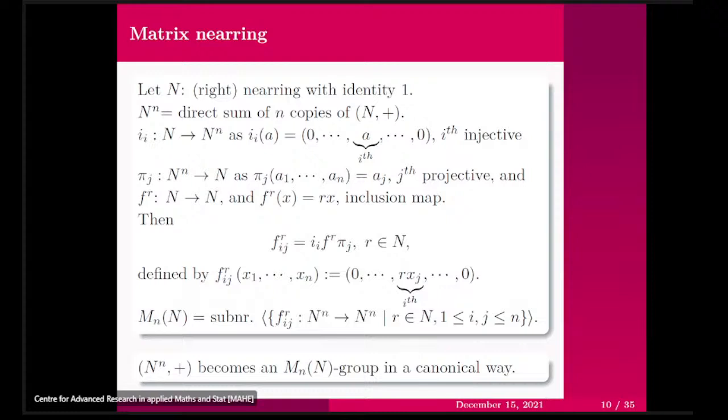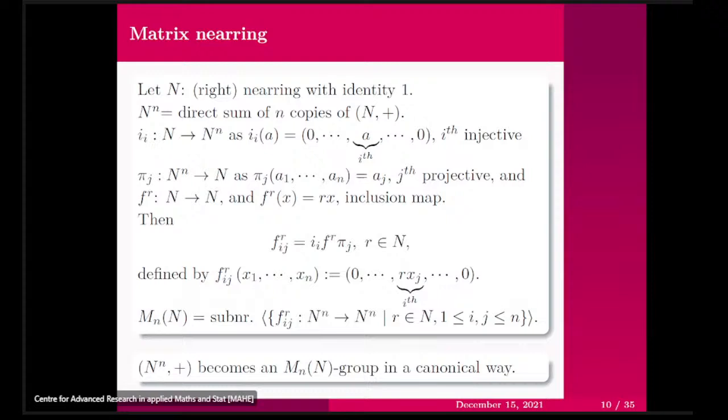Now, how we construct the maps is, we consider a right nearing with identity N. Mn is the direct sum of n copies of N plus. Then the ith injection, jth projection and the inclusion map are defined as follows, and the composition of all three maps is Fij, which is from Mn to Mn.